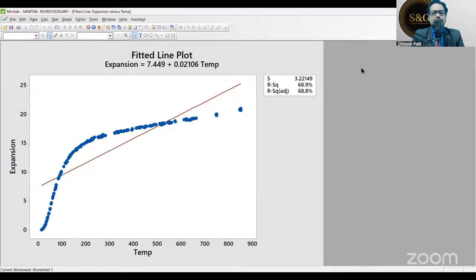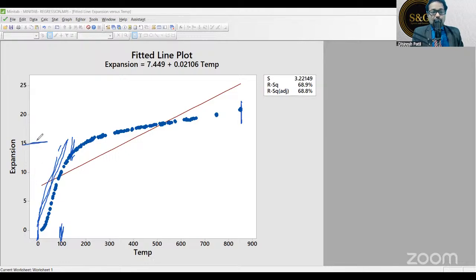Is it a positive relationship? Yes, very much a positive relationship, you can see. Now just try to understand the graph. Between 0 to 100 degrees centigrade, when we are giving heat to that metal, there is a huge slope. Can you see the slope is like this? But as we keep increasing the temperature, after 100 degrees up to maybe 800, 900 degrees, the expansion is very limited.